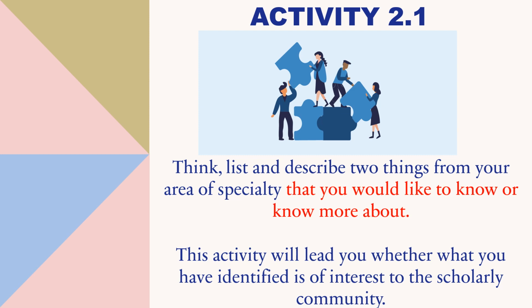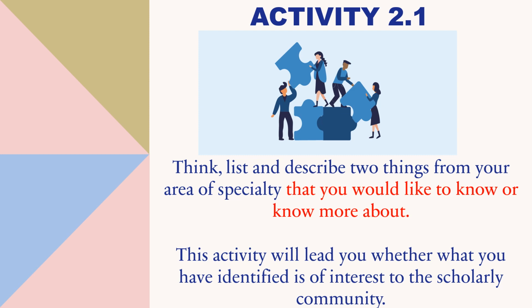So when you do this activity, it will lead us to the second topic, which is topic 2.2, that will be focusing on making what you have thought about that you'd like to know more about, whether it is of interest to the scholarly community.